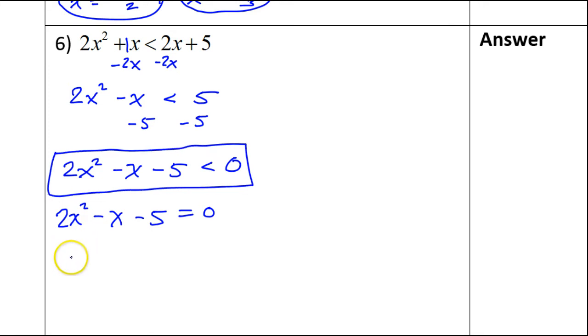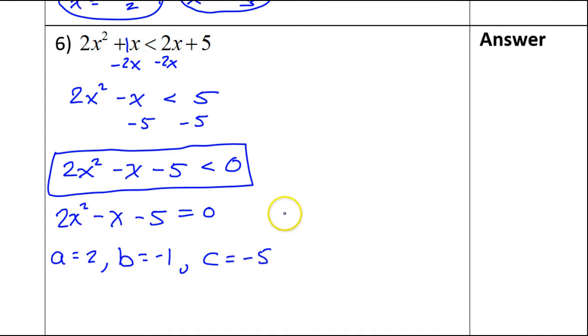So the quadratic formula. Bear in mind that A is 1 and B, I'm sorry, that's false. My coefficients are A, B, and C. I meant to say that A is 2, B is negative 1 because of the negative sign there, and C is negative 5 because of that negative 5.